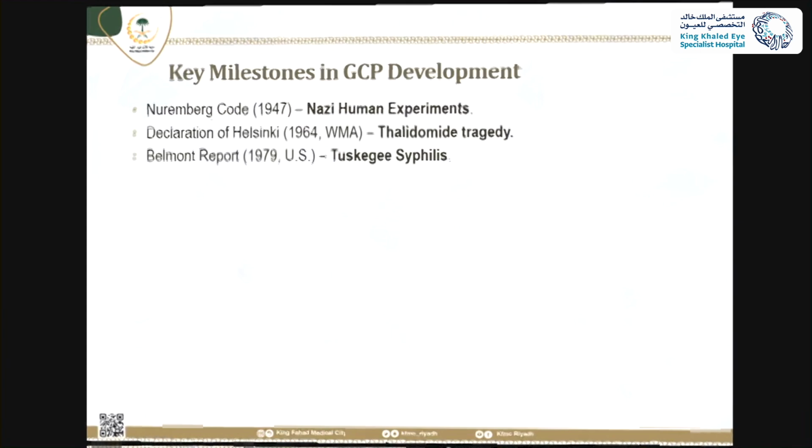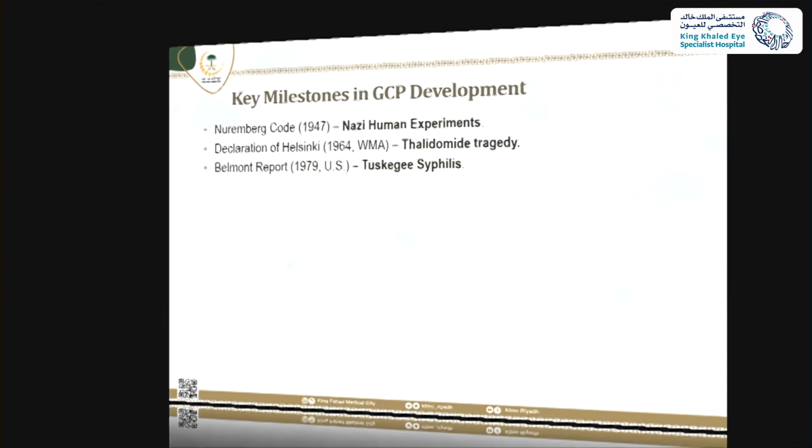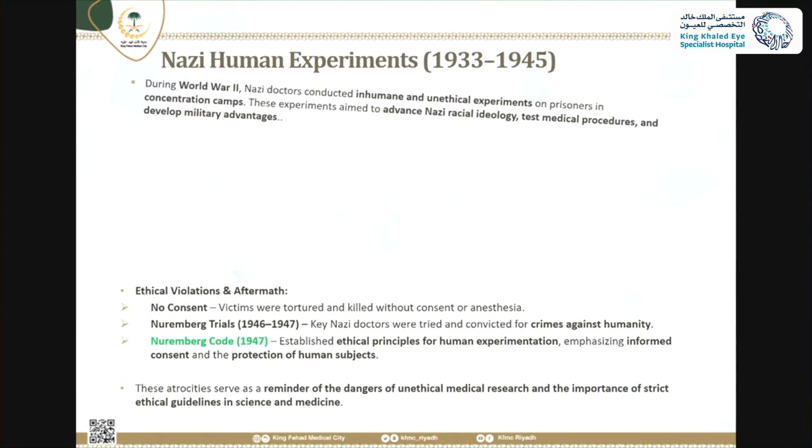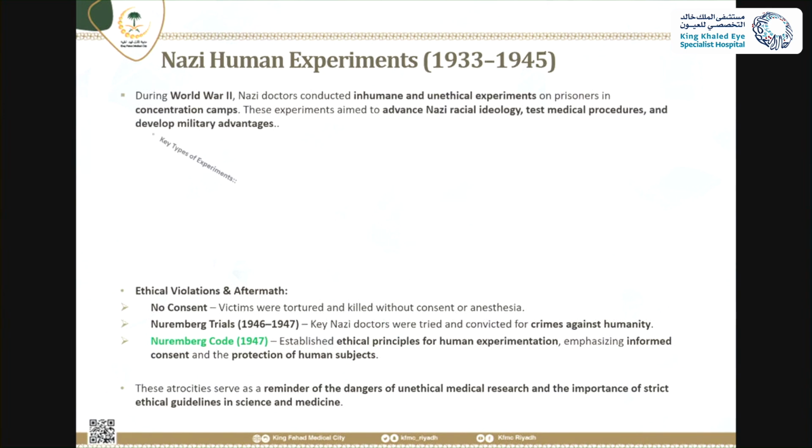The Declaration of Helsinki in 1964, issued by the World Medical Association, again as a response to the thalidomide tragedy or scandal, and the Belmont Report in the United States as a response to the Tuskegee syphilis study. We will go through these key unethical clinical trials done in the last century.